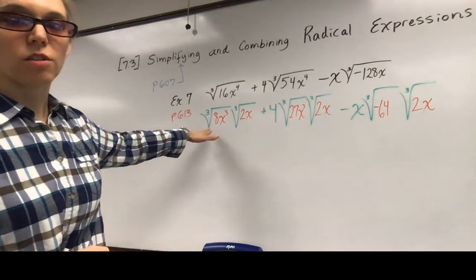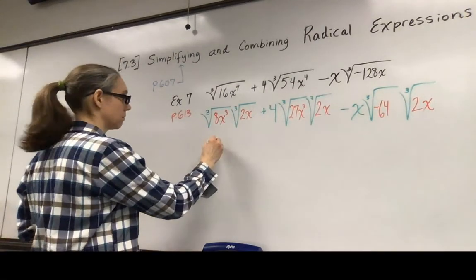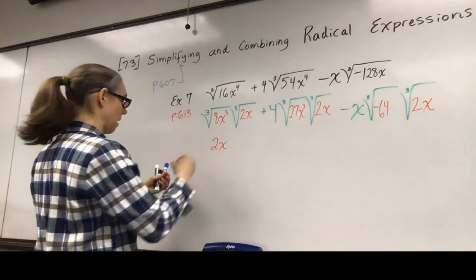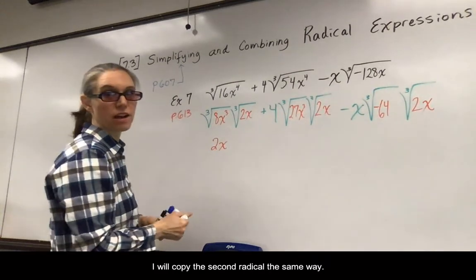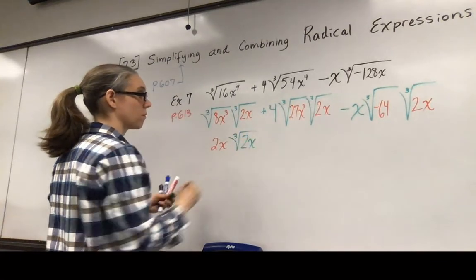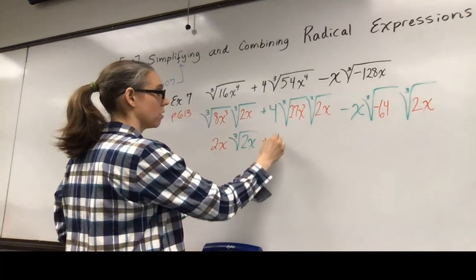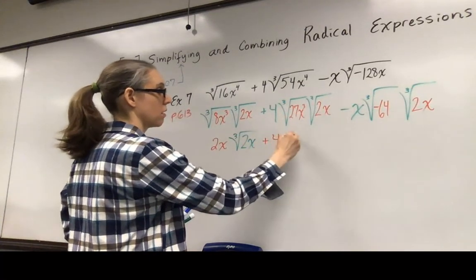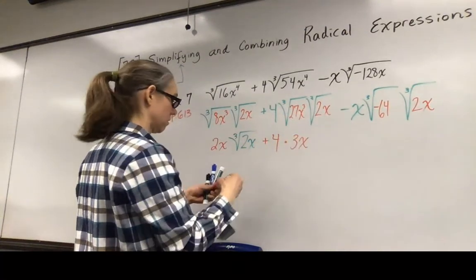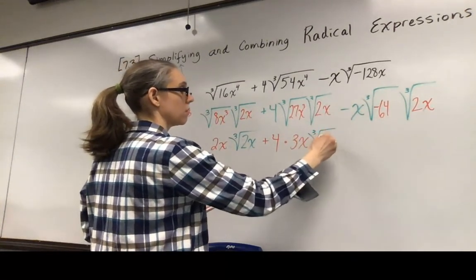Okay, so the cube root of 8x cubed is 2x. And I will copy the second radical the same way. And then I have 4 times 3x with, again, a cube root of 2x.